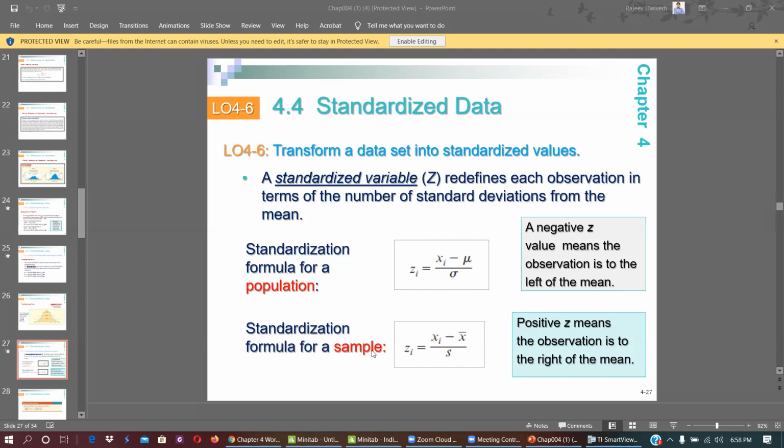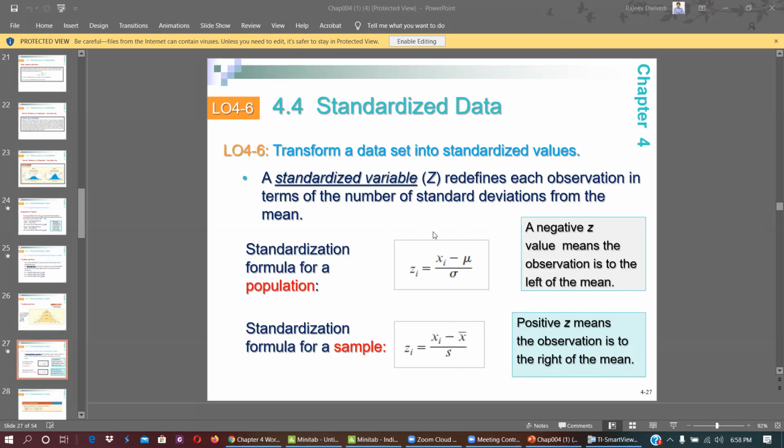The standardized formula for a sample is exactly the same here. This is population mean and population standard deviation. This is sample mean, sample standard deviation.